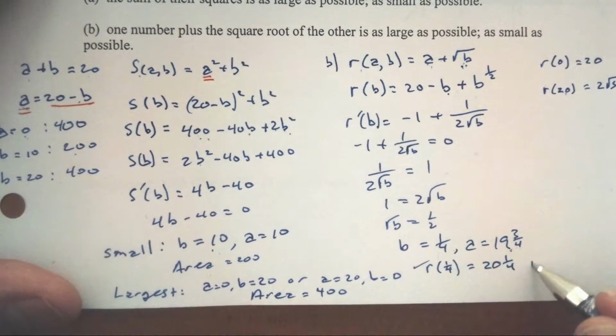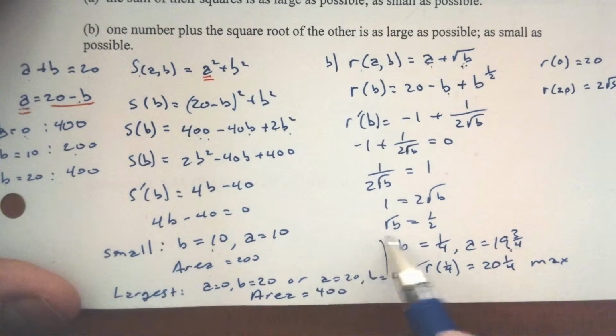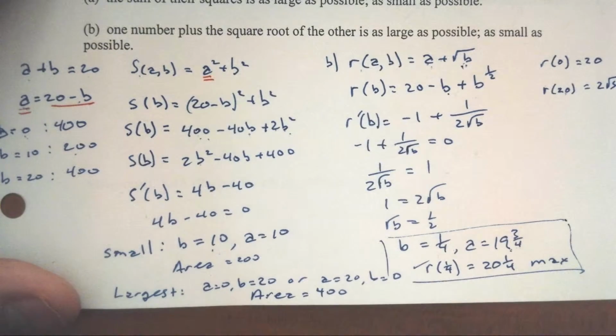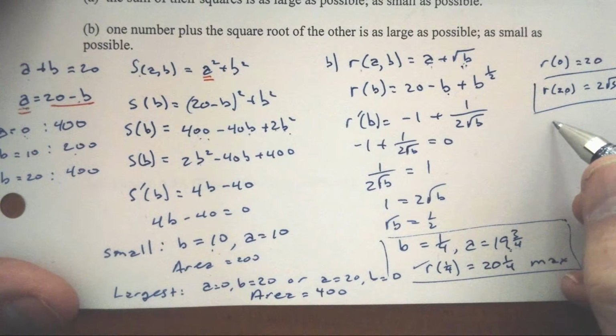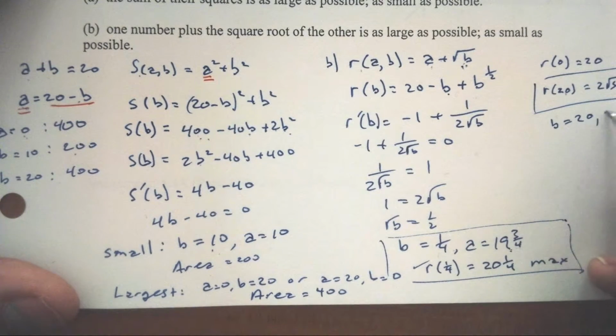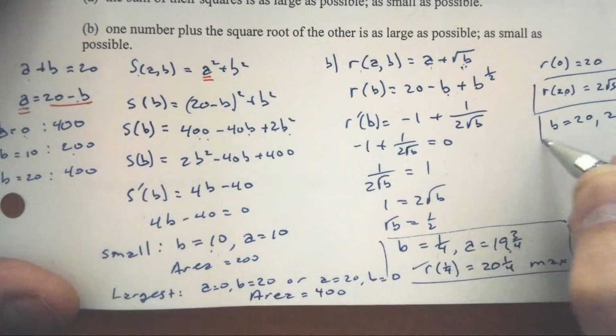This would be our maximum choices, and here would be our minimum, and that would be when B is 20 and A is 0.